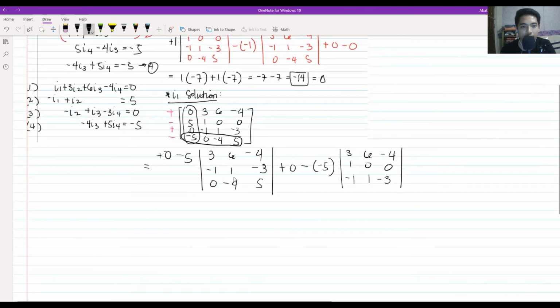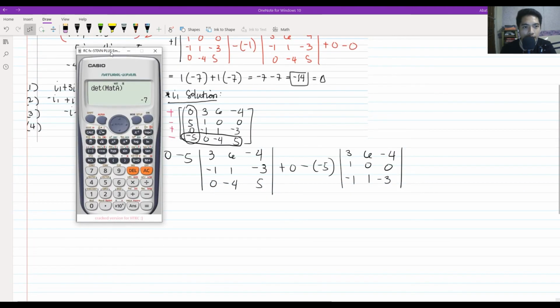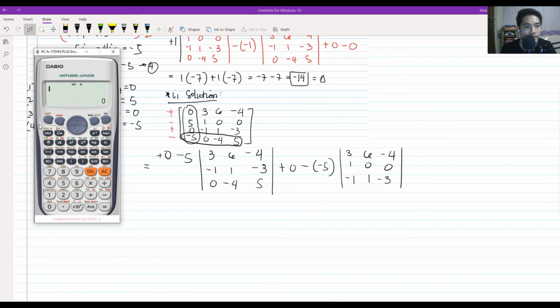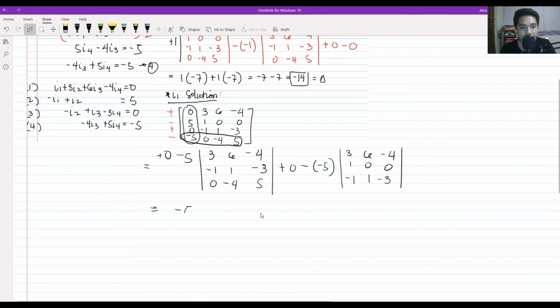If we compute that using our calculator again, we have matrix, dimension A, matrix A. We have 3, 6, negative 4 here, and then negative 1, 1, negative 3, 0, negative 4, and 5. If we get the matrix determinant of that, we have negative 7. So this would be negative 5 times negative 7, and negative times negative would be plus 5 here.